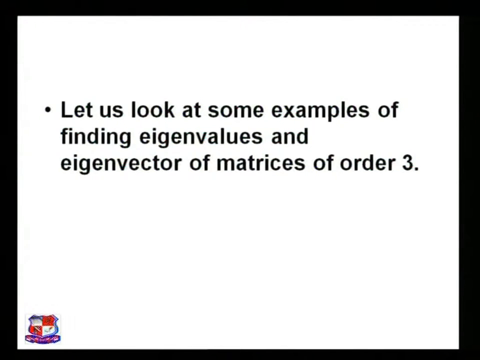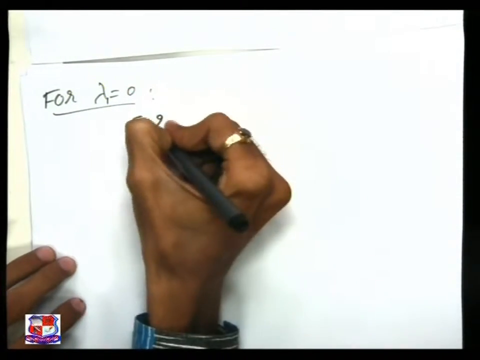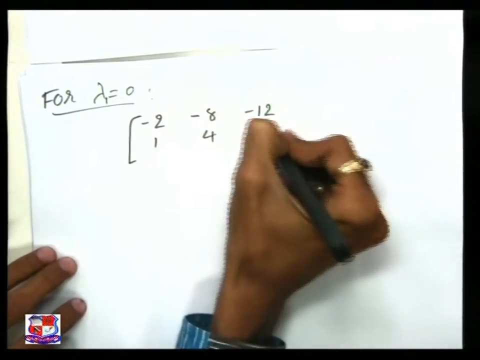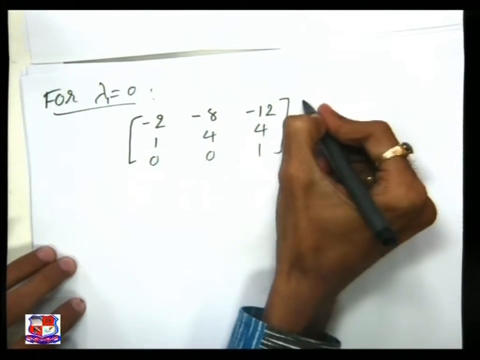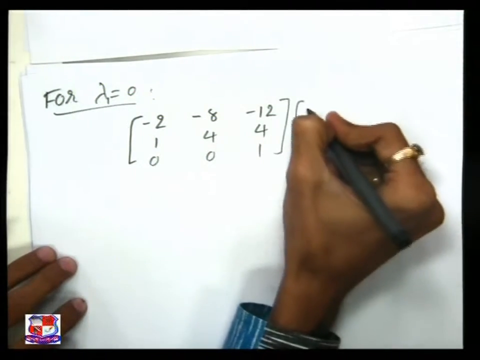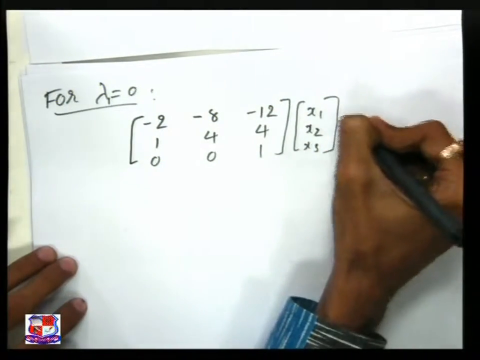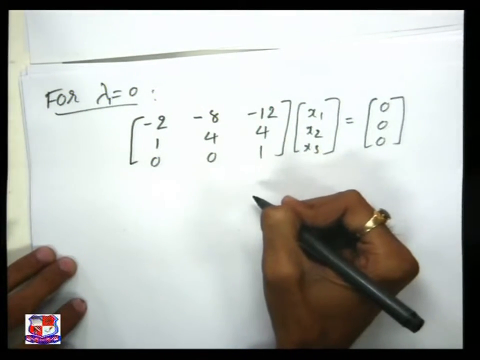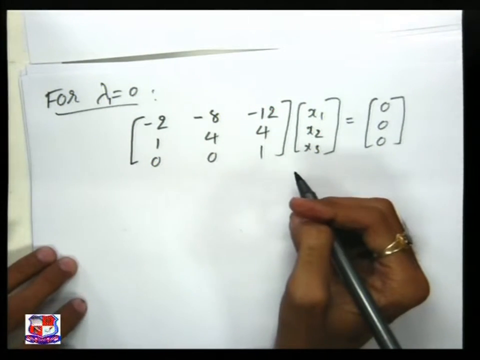So for lambda is equal to 0, the homogeneous system will be this matrix into x, where x is x1, x2, x3, equal to 0, 0, 0. This is the homogeneous system, and the solution of this homogeneous system will give us the eigenvector.